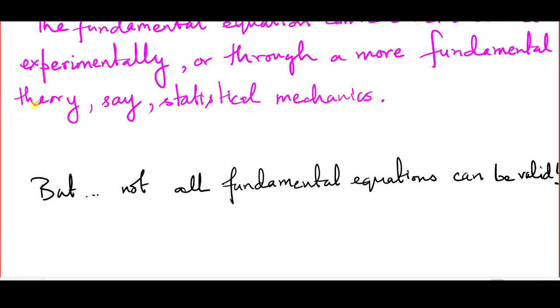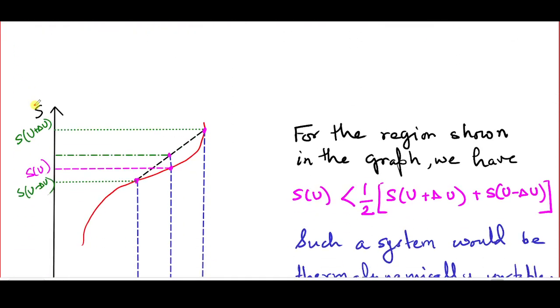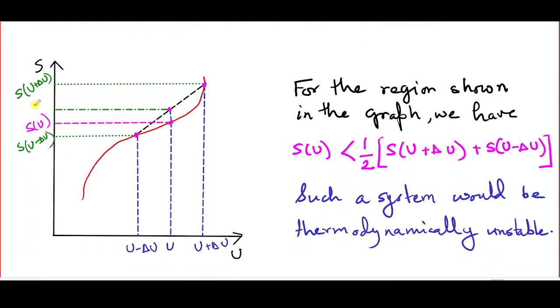Now, in order to understand what this stability issue is, let us give an example. Let us say we have a function S, and here we have just shown its variation with the internal energy. V and N for the time being are held constant, and let's say the curve describing S as a function of U as part of the fundamental equation is given by this red curve here.